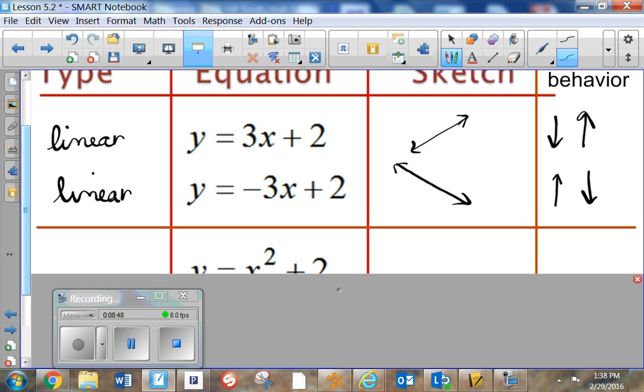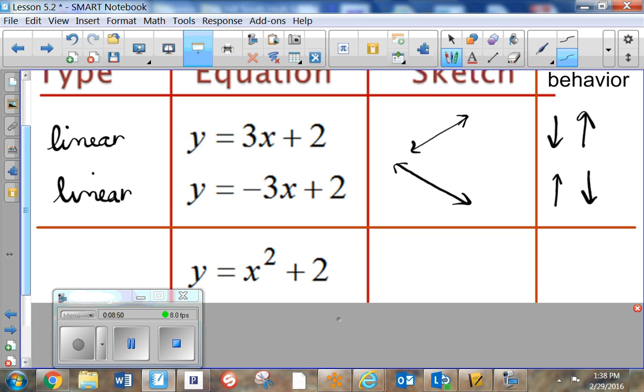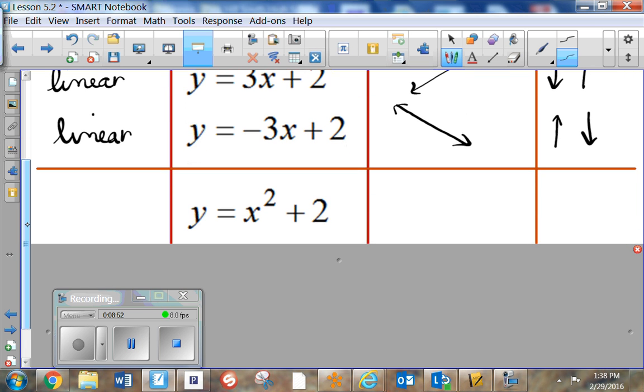The next set we are also not going to use the calculator on because you are pros at quadratics. This is a quadratic. I know it's going to be a parabola. I know that the A, the leading coefficient, is a 1, which is positive. So it's just going to be this.